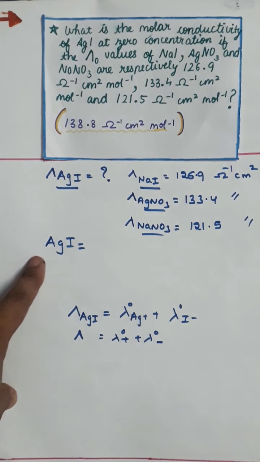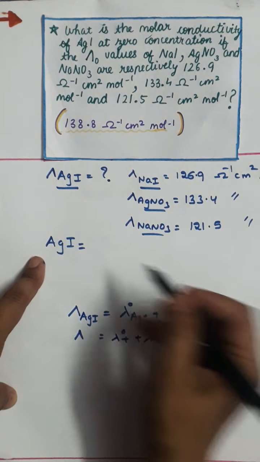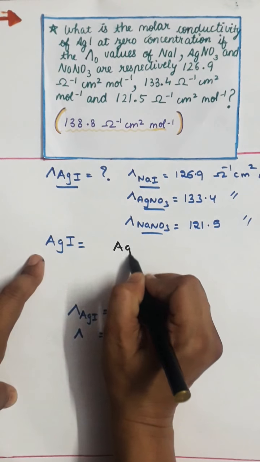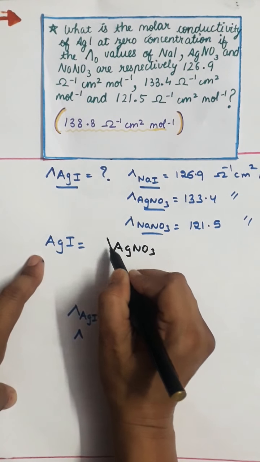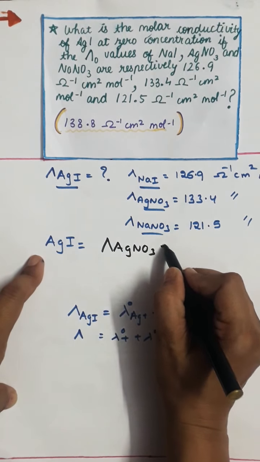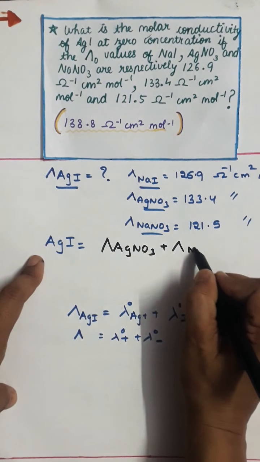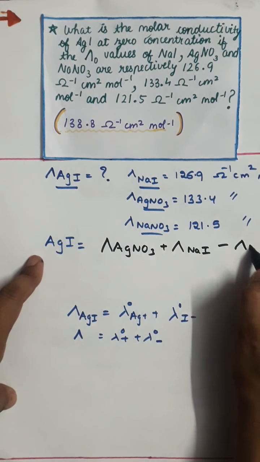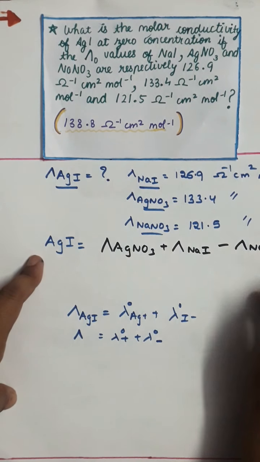So let us come back over here. How will I arrange? I will first write the molar conductivity of AgNO3 plus the molar conductivity of NaI minus the molar conductivity of NaNO3.